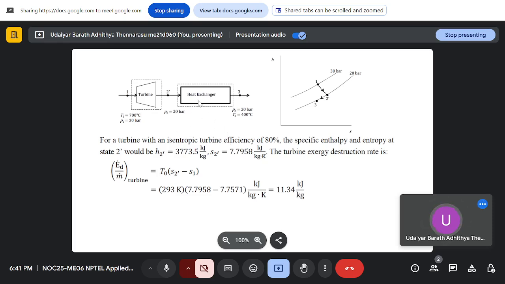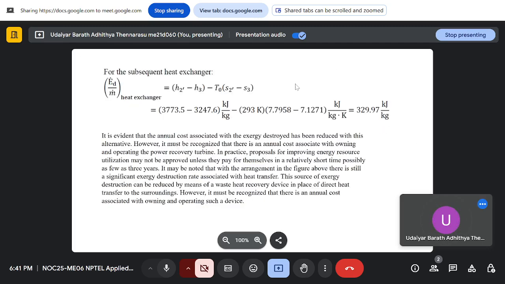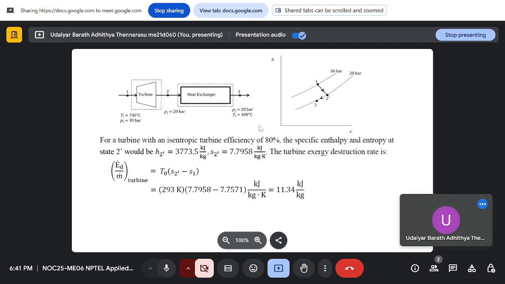So now you are not rejecting directly to the ambient, but you are running a heat engine and then rejecting some part of the heat to the ambient. So that will reduce your exergy destruction across the heat exchanger a little bit more, and then your total exergy destruction will come down. So that is the second part which can be done.